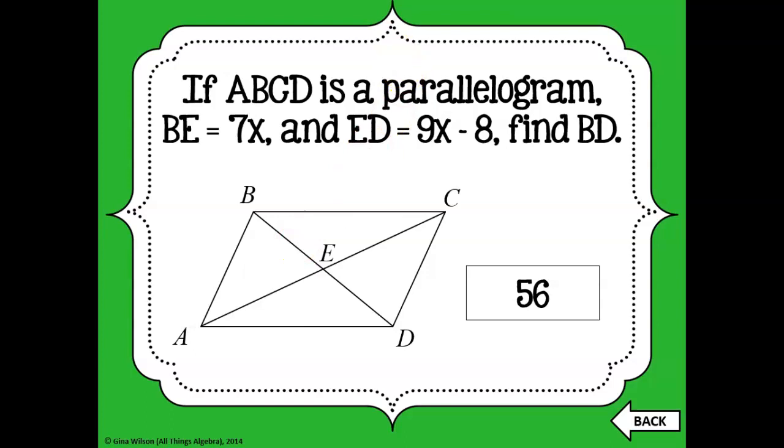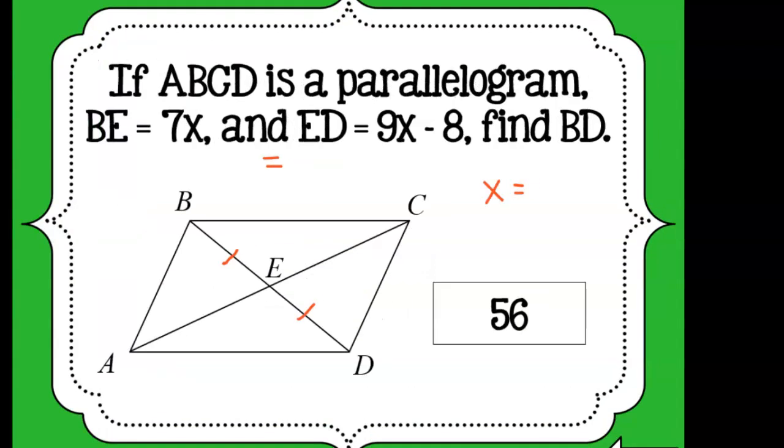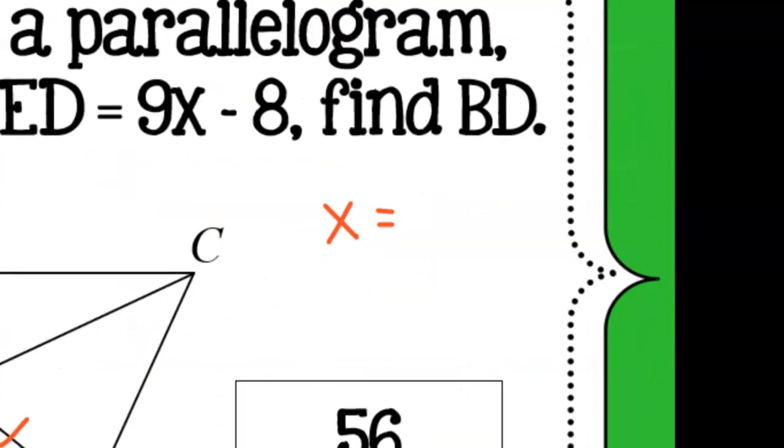Remember BE and ED are congruent. So you set those equal to each other and solve it. I think you get x equals 4. Then you plug that 4 in, but they're looking for the whole thing, not half. So you plug it in, you get 28, and then you double it.